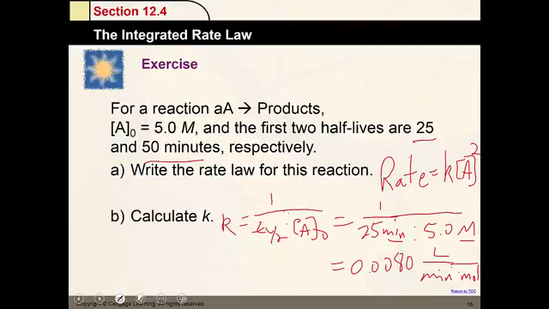Okay, then finally, if we have to calculate the concentration when the time's not a factor of the unit of a half-life, that means we have to use the integrated rate law for the second order reaction. So that means here the integrated rate law for the second order reaction is as follows.